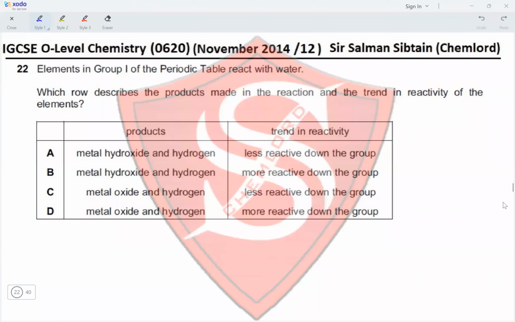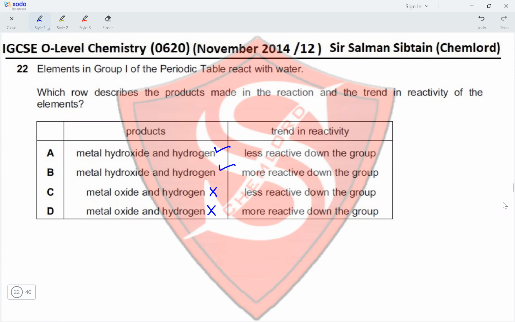Question 22. Elements in group 1 of the periodic table react with water. Which row describes the products made in the reaction and the trend in reactivity of the elements? So group 1 reaction with water. So the products would be metal hydroxide and hydrogen. Yes, this is correct. And metal oxide and hydrogen is incorrect.